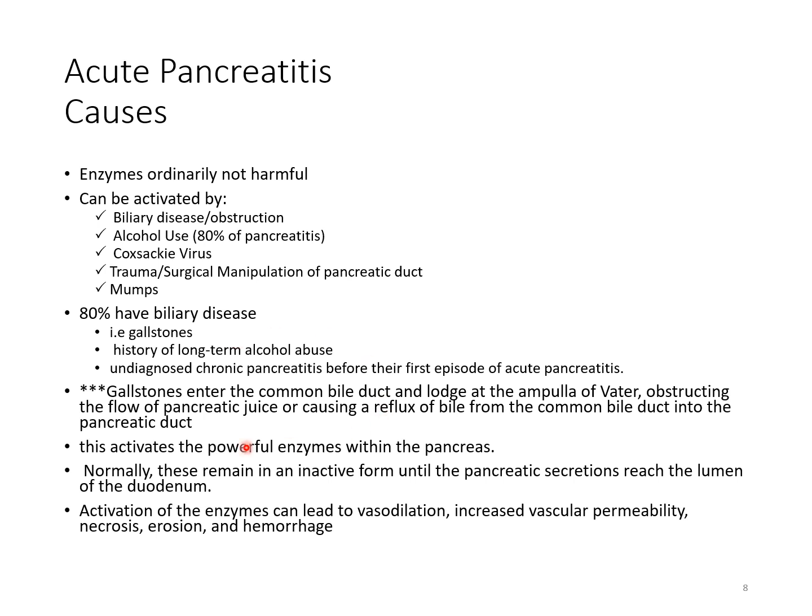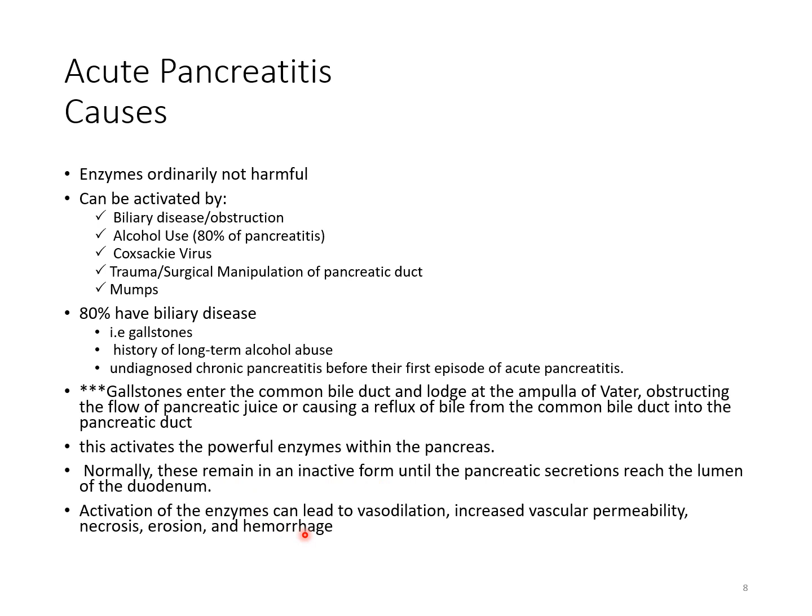All right. So gallstones can enter the common bile duct. They lodge at the ampulla of Vater, obstructing the flow of pancreatic juice, and then they're causing basically a reflux of bile, right? Then that will activate your powerful enzymes within the pancreas itself, and that creates the problem. Normally, the enzymes are supposed to end up in the duodenum, and then they can become activated and do what they're supposed to do there.